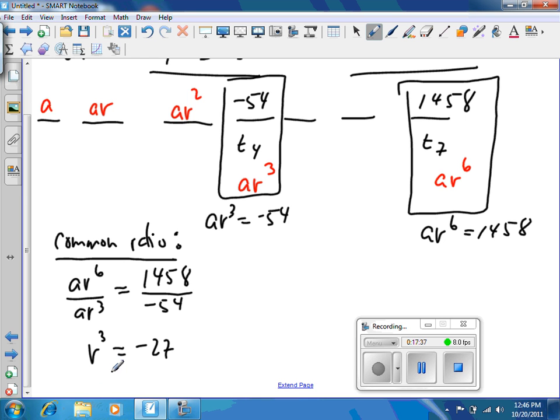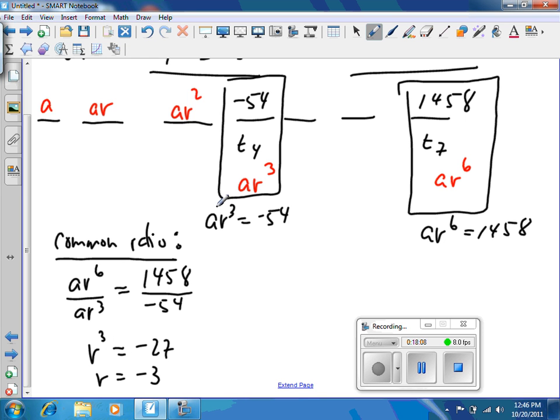Take the cube root, and you get R equals negative 3. Now, one might ask, how would you think of that? Well, once you've seen it, you will think of it. It's a strategy, right? You just add it to your other strategies for solving.